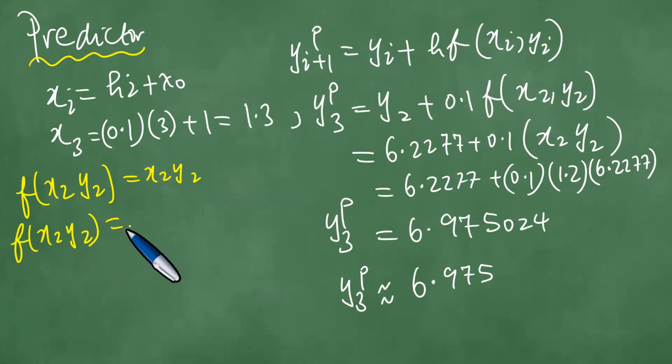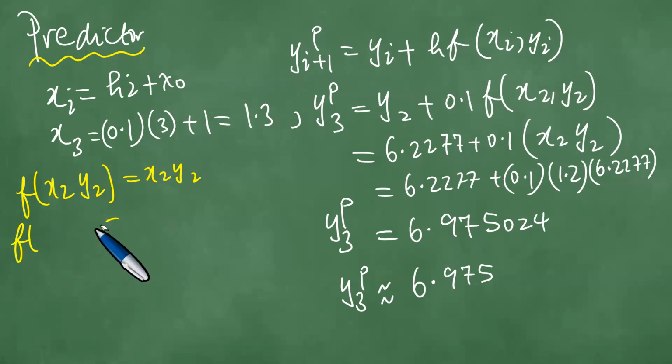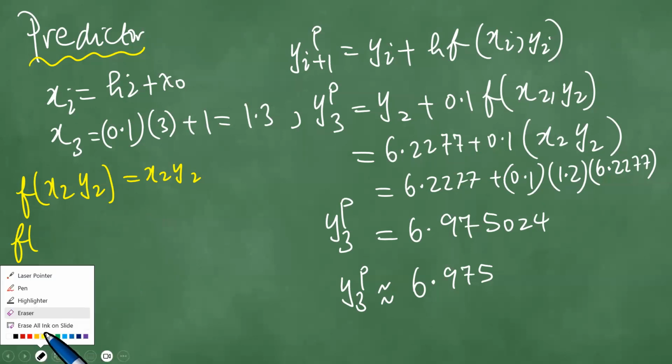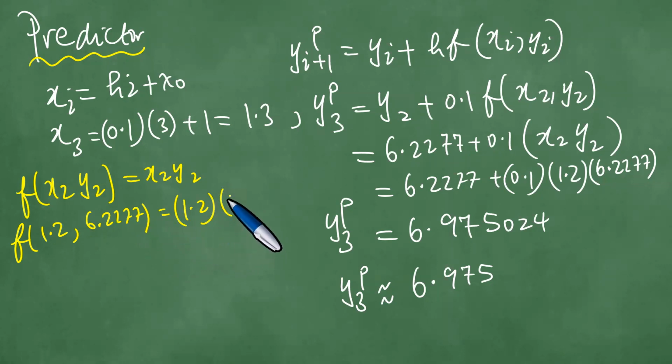The table is going to summarize everything. What is x2, y2? We've seen that. Let me just write it properly. Substitute into the arguments of the function. So that is going to be, for instance, 1.2 for x and the y is 6.2277, and then 1.2 together with 6.2277, and then you get the answer.